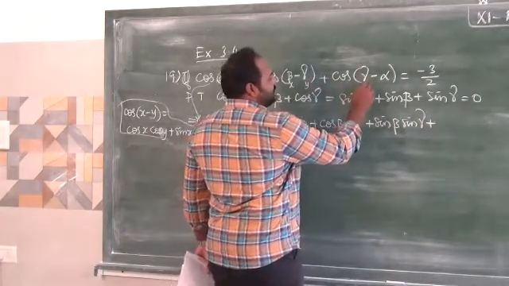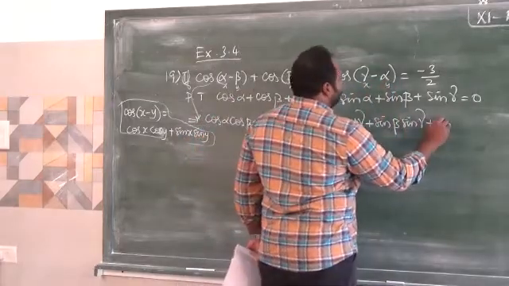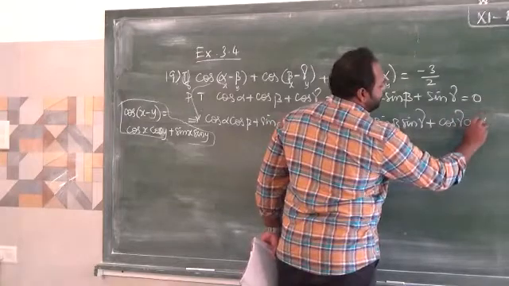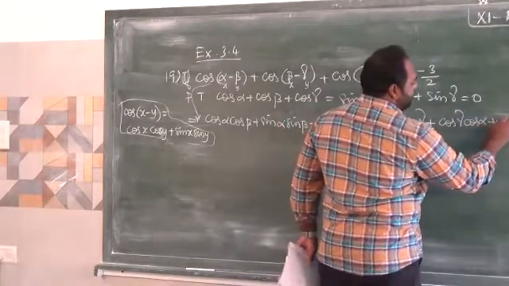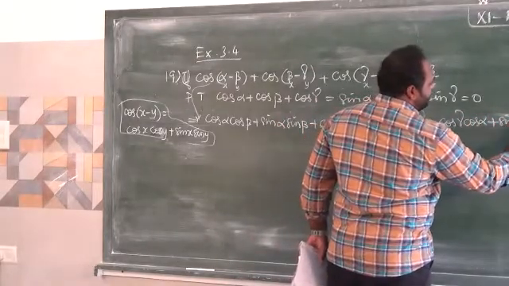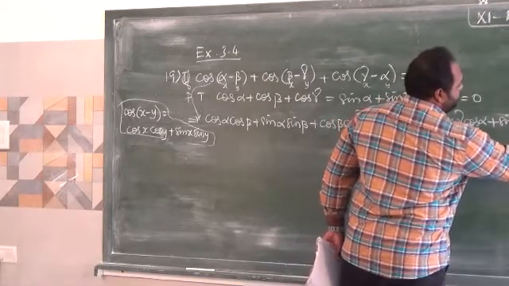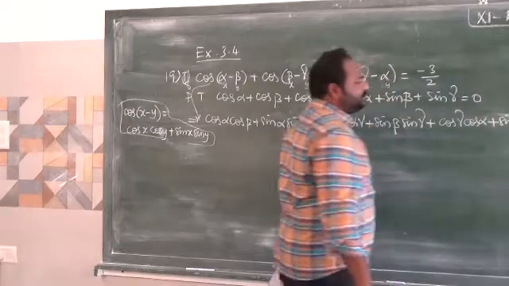Next, the third term, this is x, this is y: cos gamma cos alpha plus sin gamma sin alpha equal to minus 3 by 2.